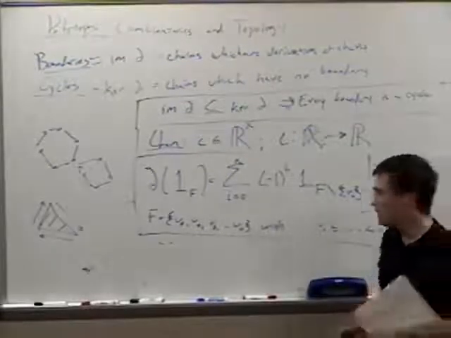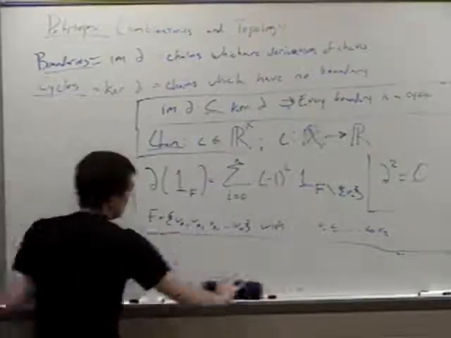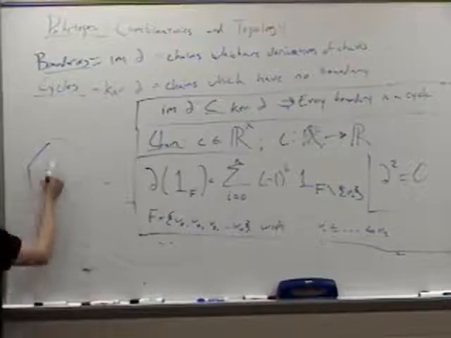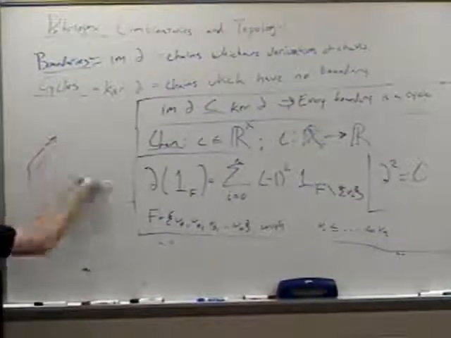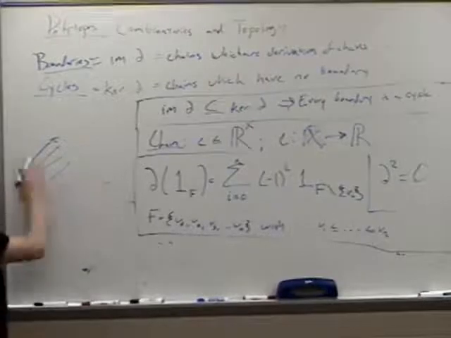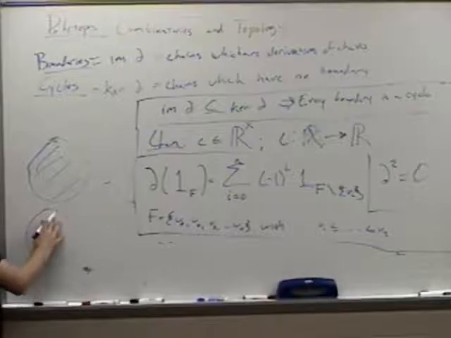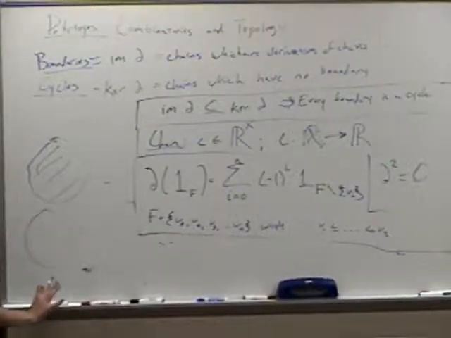But the high-level picture for why this is the case is that if you had, say, a giant sphere here, then if you fill in the interior of the sphere, you can cover this final loop. So in a sense, every cycle is going to look something like a sphere where you just deleted the interior of the sphere and then assigned an orientation to the boundary of it in some way.